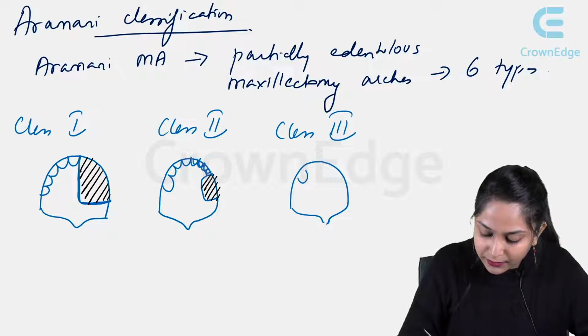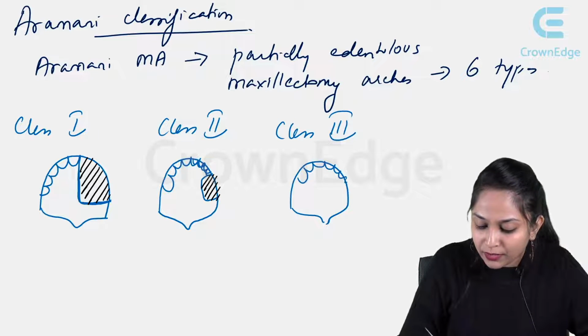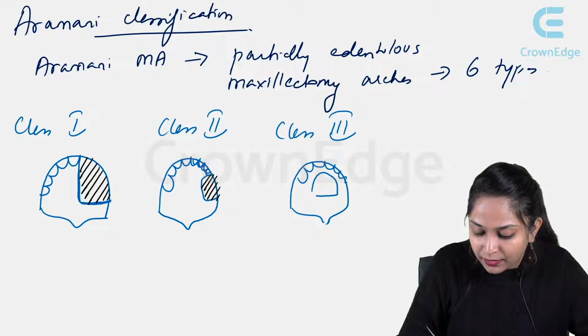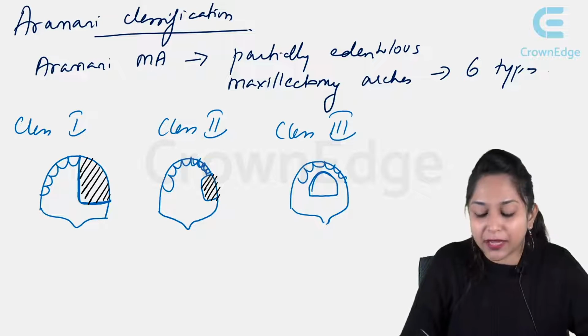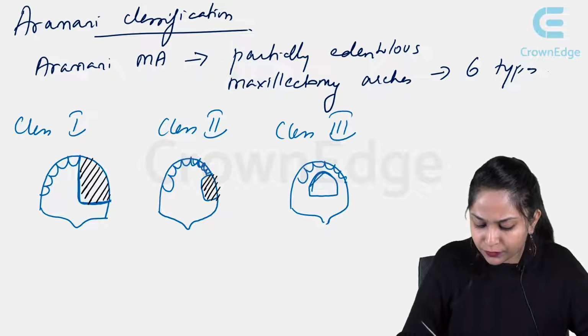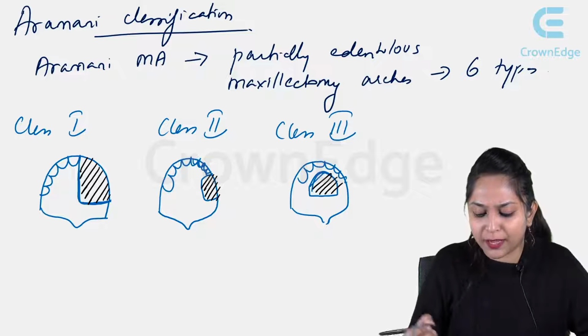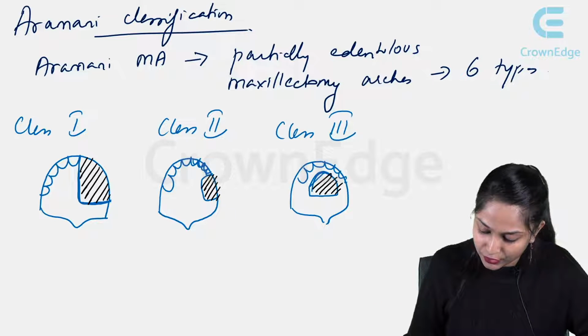Class 3 is when the area is involving the hard palate. It can even involve a portion of the soft palate. This is class 3 classification.